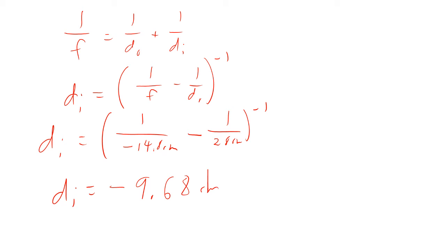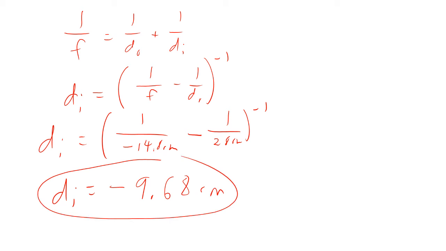So in this case, it is minus 9.68 centimeters. Okay. Well, what's the magnification? Magnification is minus d_i over d_o. So in that case, that'd be negative 9.68, negative, divided by 28.